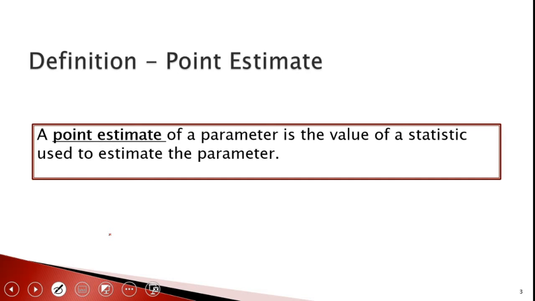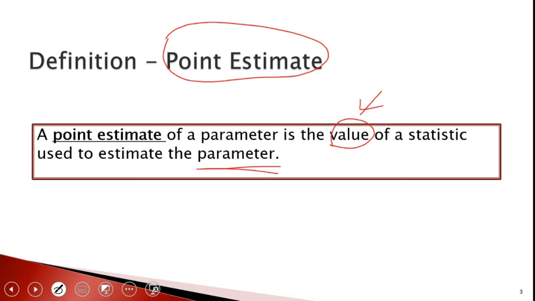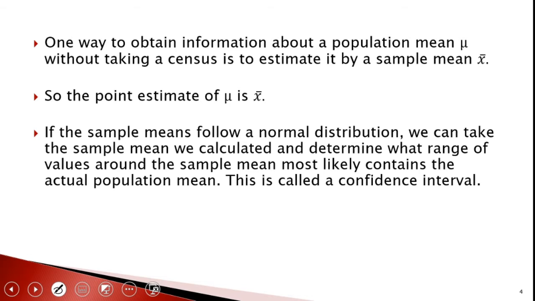Okay, first thing, point estimate. Why do we use this kind of estimator? To estimate the population mean. A point estimate of a parameter is just a value, used to estimate the parameter.